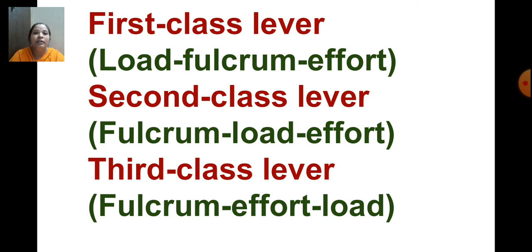Now see, children, in the first class lever, how is the arrangement? Load, fulcrum in the middle, and effort. In the second class lever, fulcrum, load in the middle, and effort. In the third class lever, fulcrum, effort in the middle, and load.